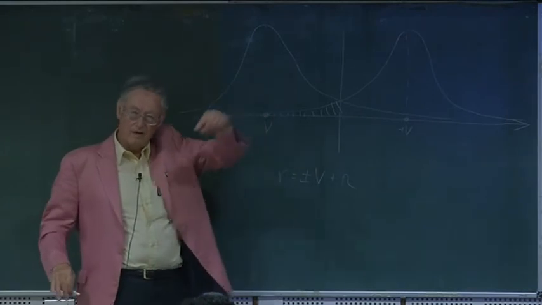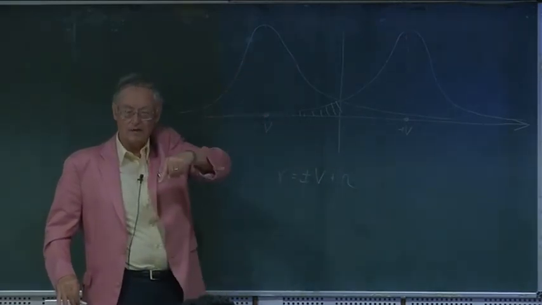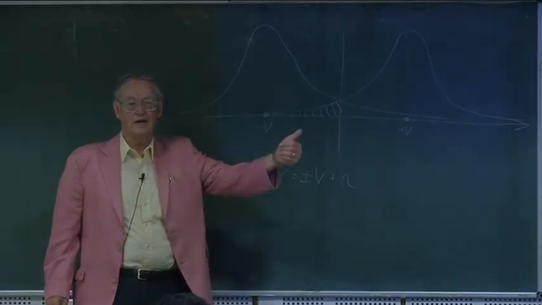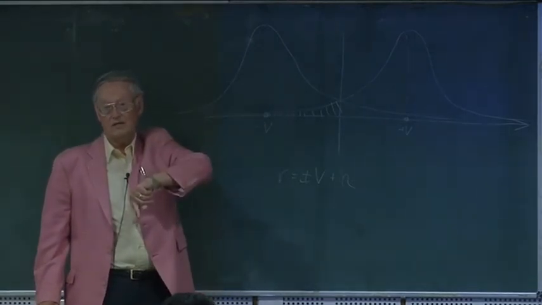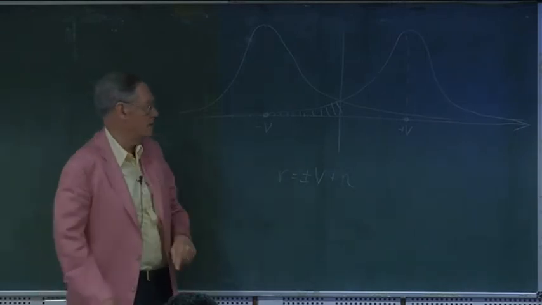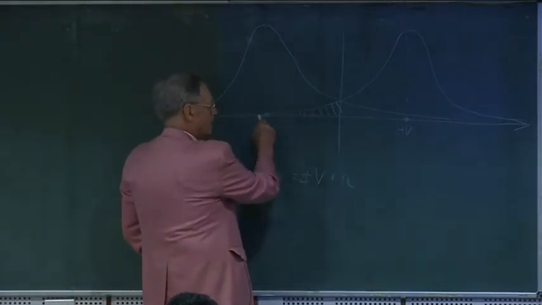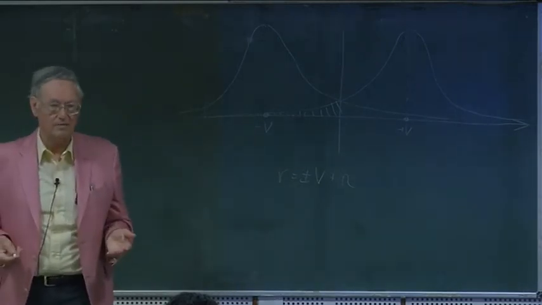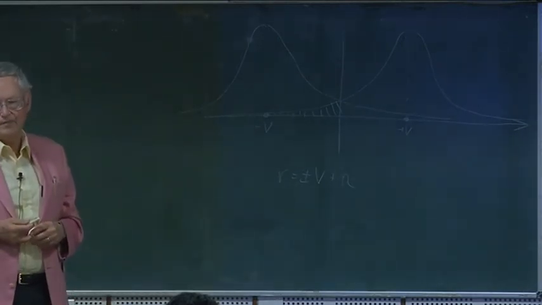So that's going to be our channel crossover probability, our epsilon. The probability that a 0 was sent, but the demodulator estimates that a 1 was received. And that's exactly this area. So that's where that binary symmetric channel model comes from.